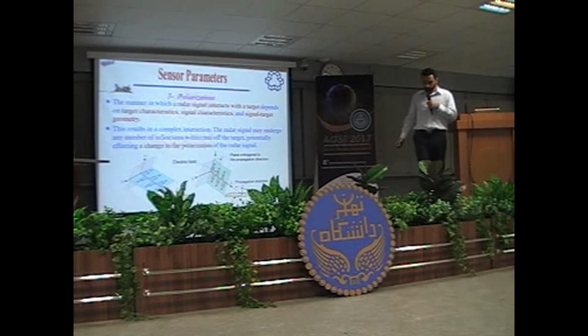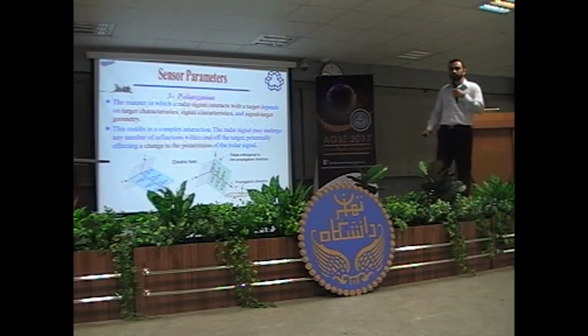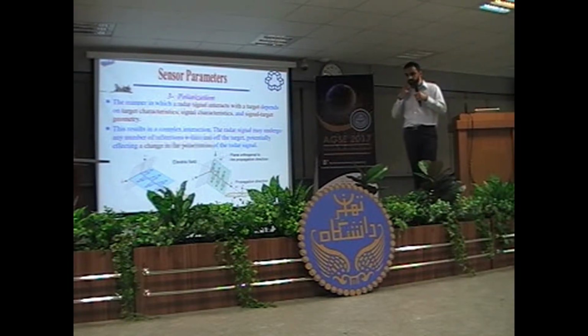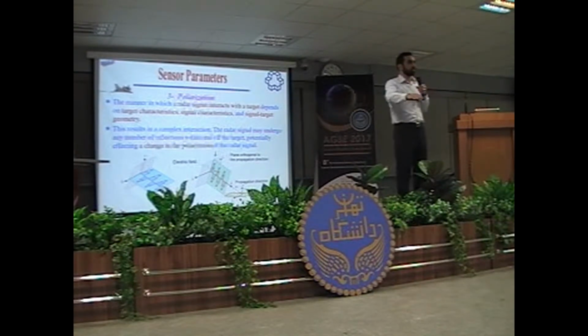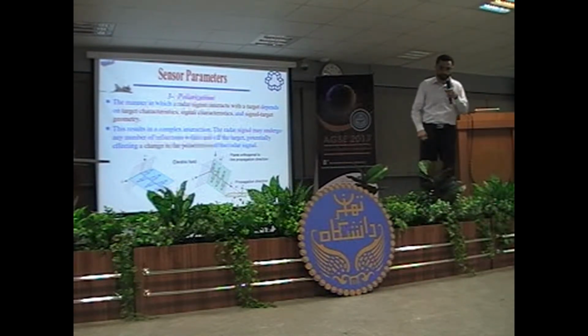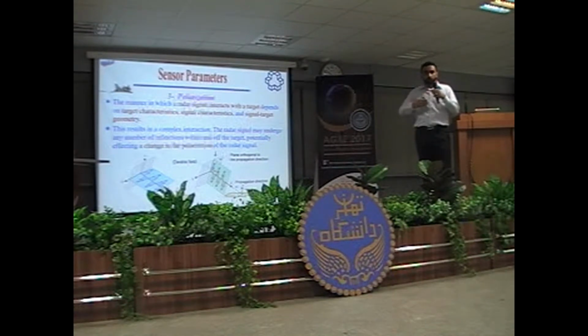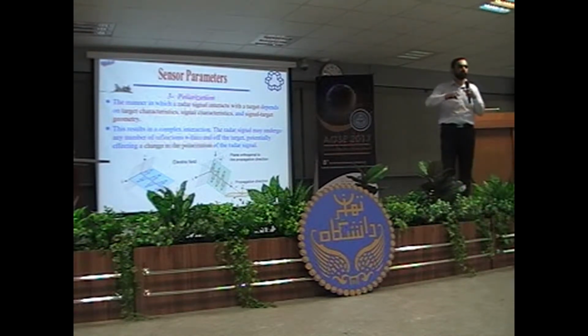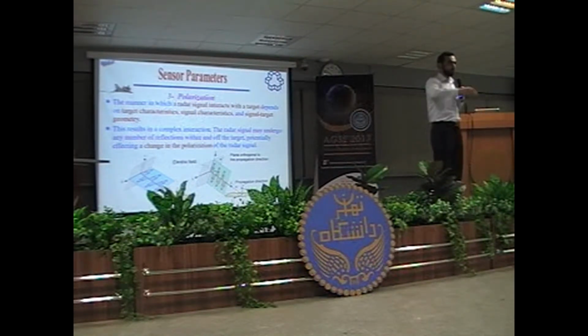Another effect is polarization. Polarization in radar is the direction in which the signal is transmitted to the ground. Because we are transmitting the signal, we can define the polarization. It can be horizontal polarization, or it can be vertical polarization.